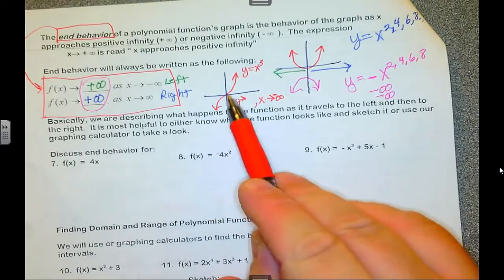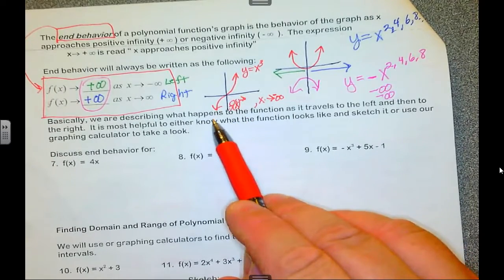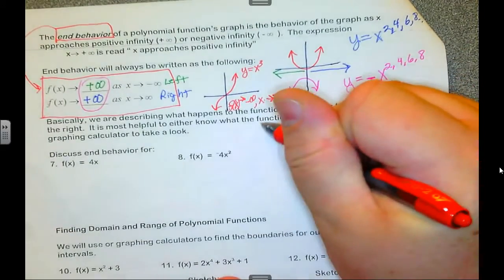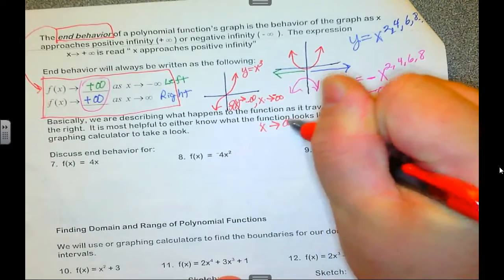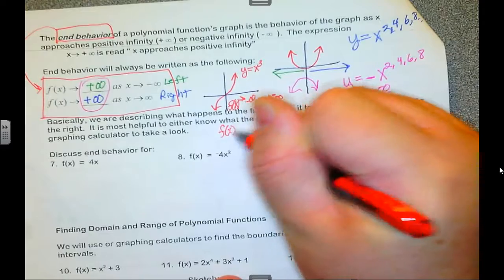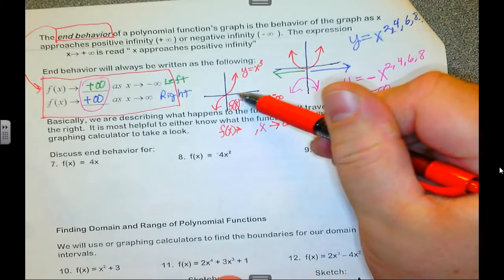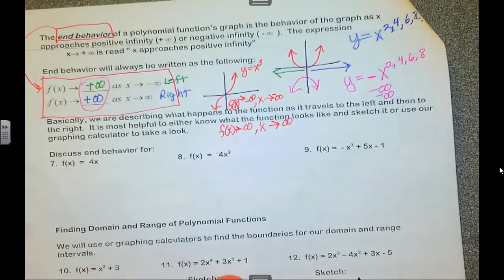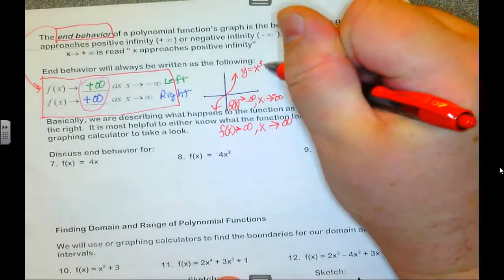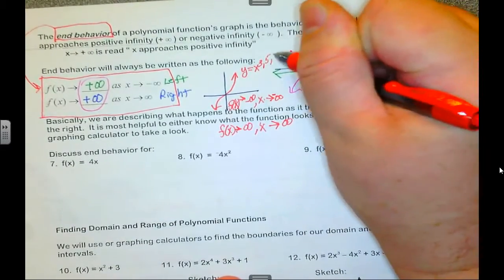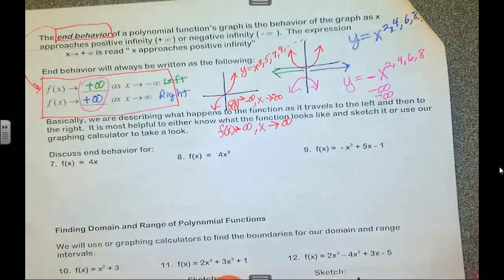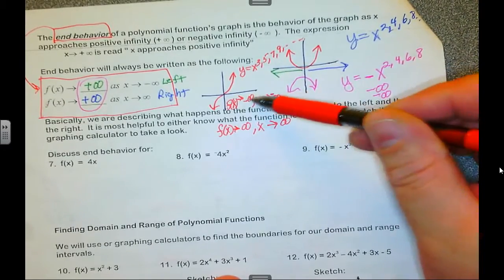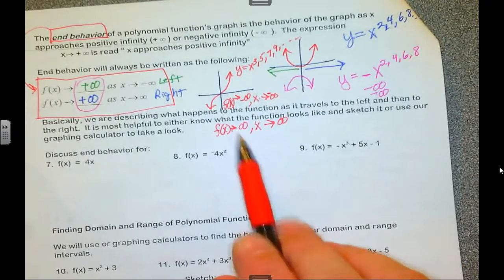If it goes to the left, my y is going to approach negative infinity. As my x approaches positive infinity, if I go to the right, my y is going to go positive. And that's going to work for all odds. So all odds with the positive coefficient, it's going to be the same. See how these are the same? Negative, negative, positive, positive.